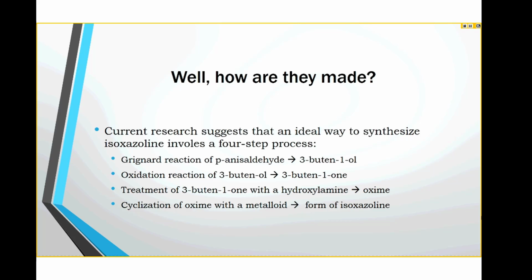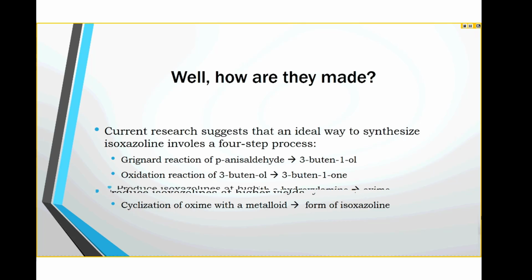The third step is reaction to form an oxime. So we take that ketone and treat it with hydroxylamine to form an oxime, and then the oxime is reacted with a metalloid and cyclized to form that isoxazoline ring.